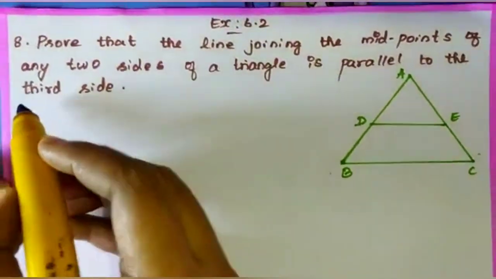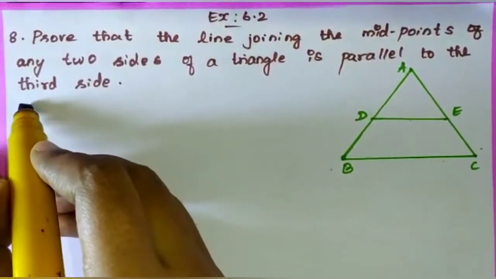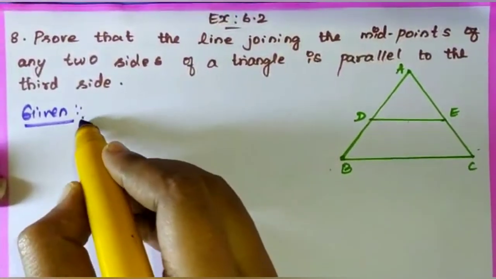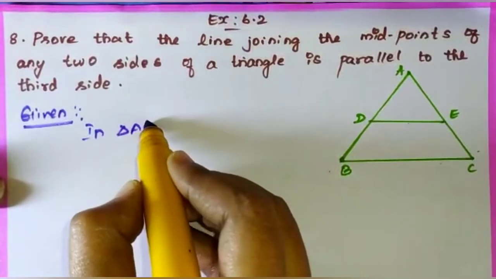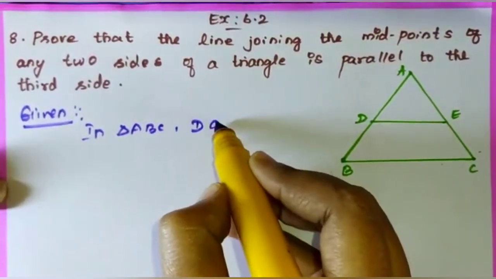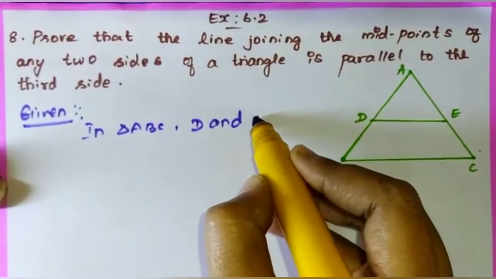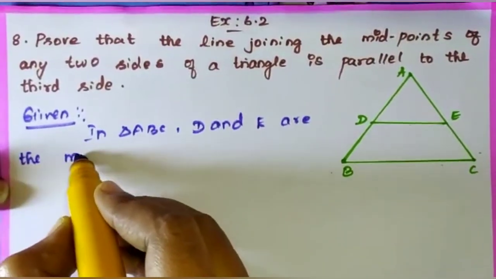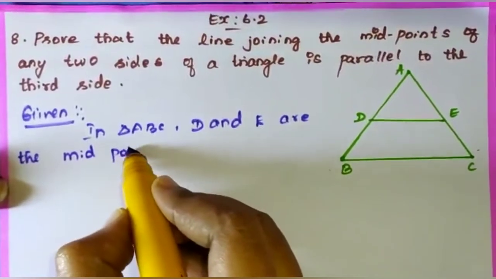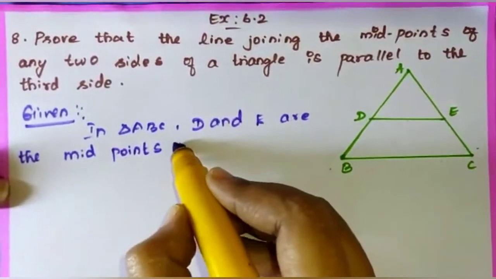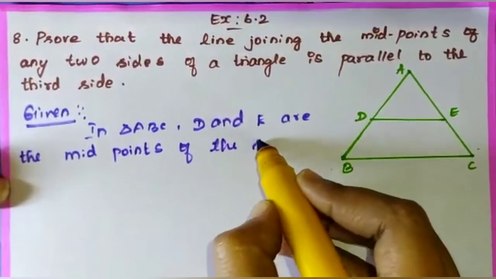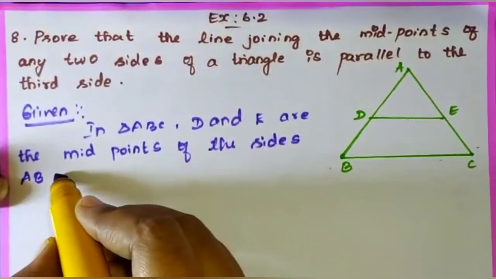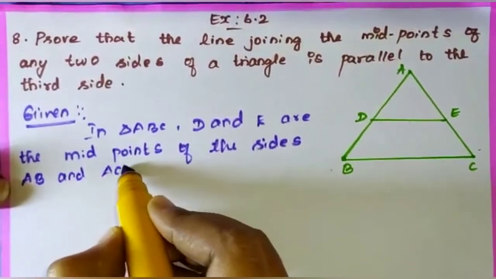Okay, so I am going to write first, given. In triangle ABC, D and E are the midpoints of the sides AB and AC.